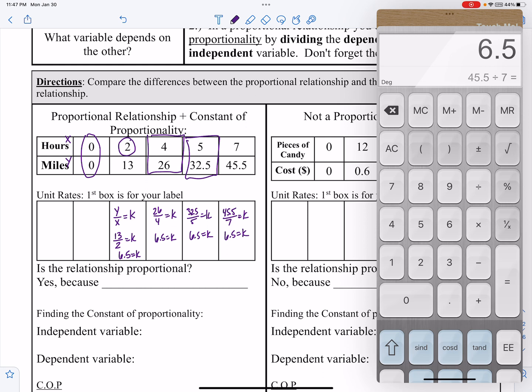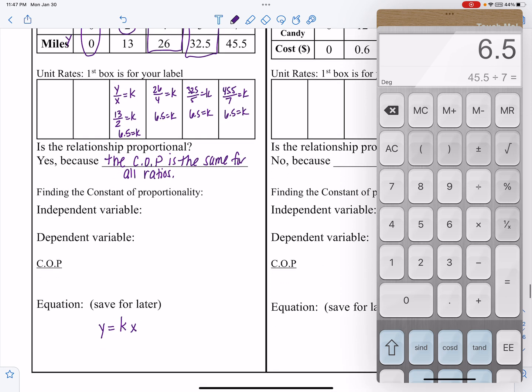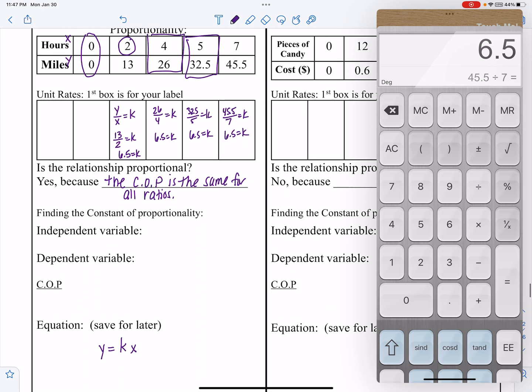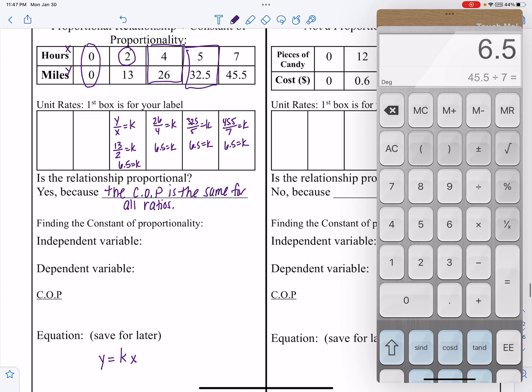Yes, because the constant of proportionality, COP, is the same for all ratios. And so let's go ahead and identify what was our independent and what was our dependent variable. Our independent was x, and so that is hours.